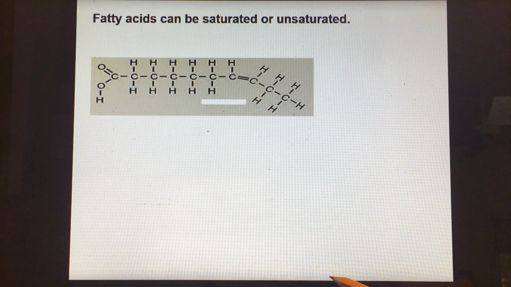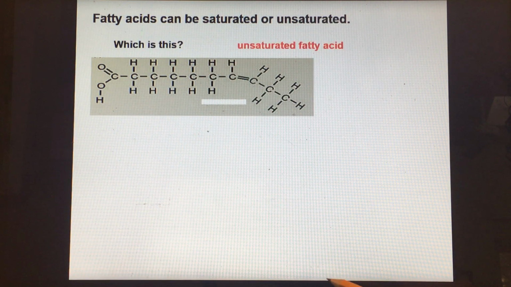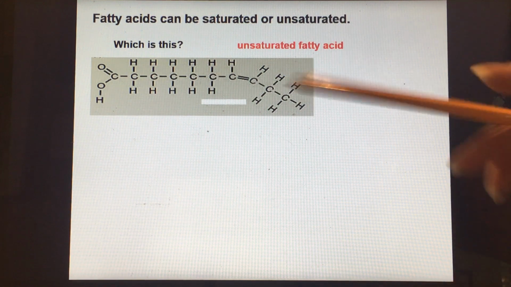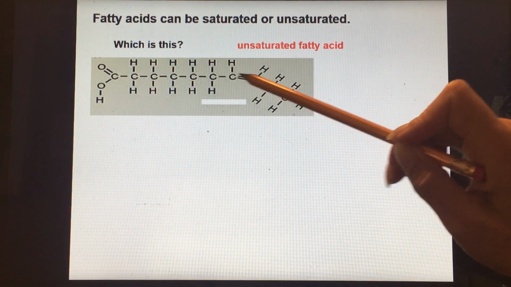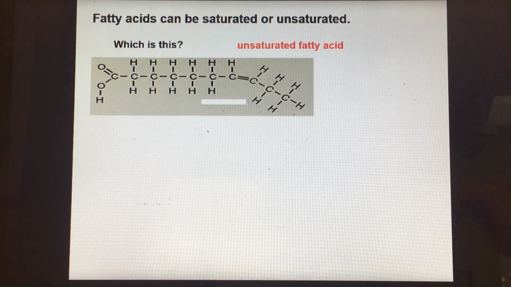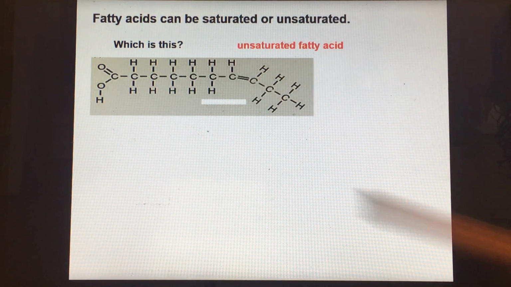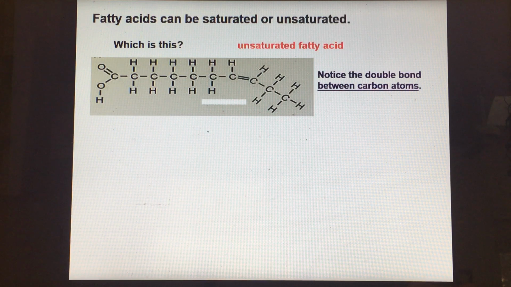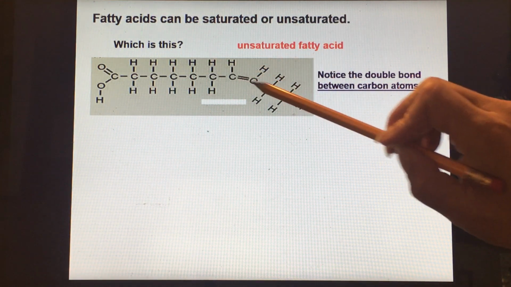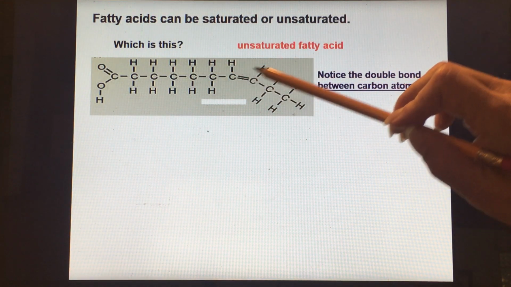So fatty acids can be unsaturated or saturated, which is this. That will be unsaturated because there is a double bond between these 2 carbons. And in fact, more specifically, this is a monounsaturated fatty acid because you have 1 double bond, right here. Usually these are drawn bent, although sometimes they won't be.